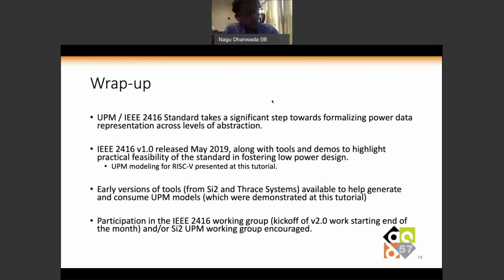We did see the whole RISC-V example, which Rhett, Jerry, and David walked us through. And there are early versions of tools from SI2 as well as Trade Systems, which are available to generate and consume UPM models. And we saw some snippets of them during the demo.